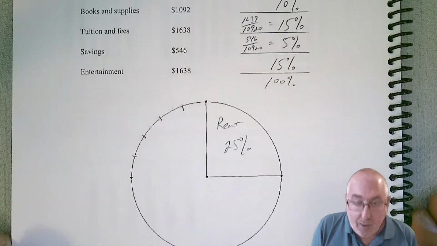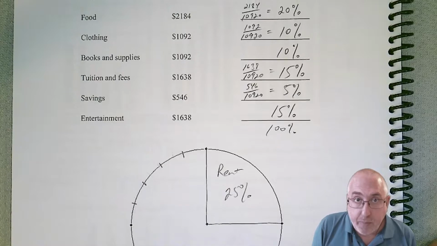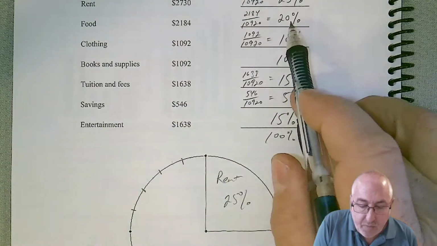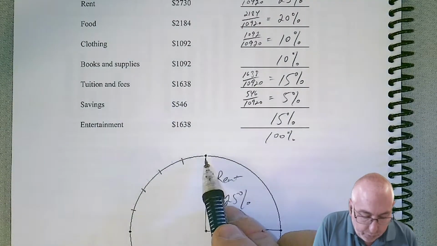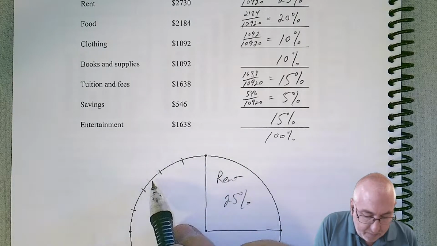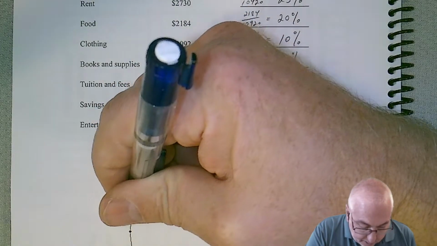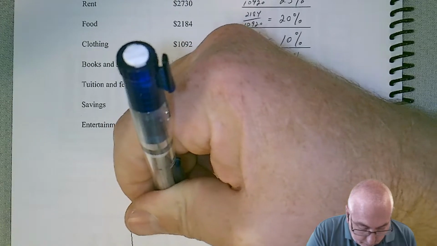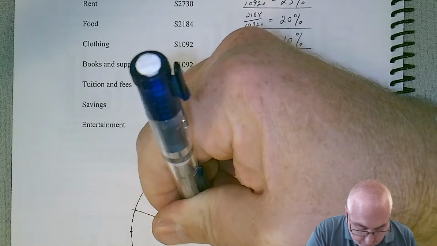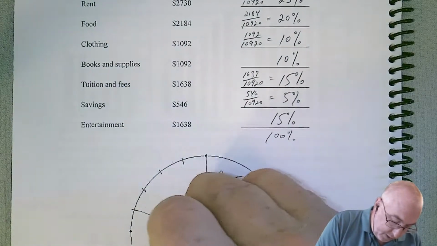So now I can take care of a couple of pieces of pie. So if I wanted to put down food, I could. So I got 5, 10, 15, 20. So now I can just draw a line to the center. At least try to draw it to the center.